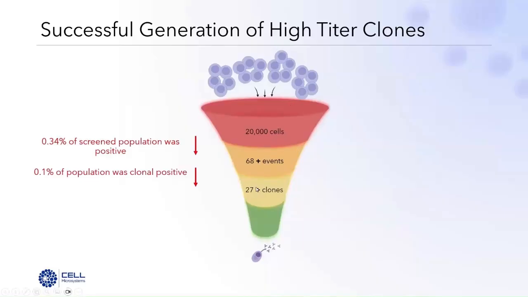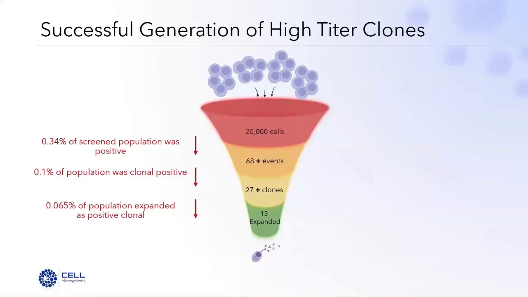Of those 68 events, only 27 of them were clones, which means of that 20,000, only 0.1% was clonal. Even after isolation, only 13 of them still had proliferative capacity and were able to expand and grow and produce antibodies. So that means all combined, the attrition through this funnel is 0.065%.